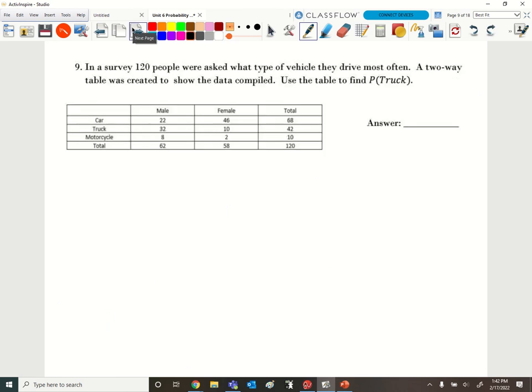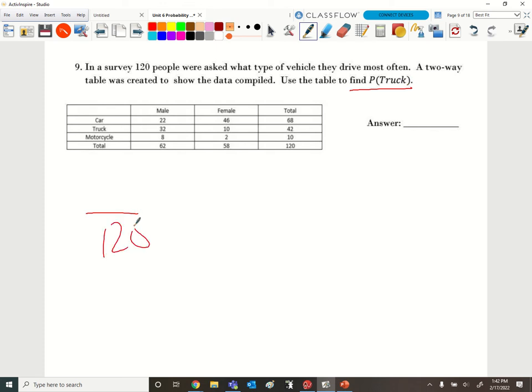All right. 120 people surveyed, asked type of vehicle they drive most often. A two-way table is created to show the data compiled. Probability of truck. P of truck. First, what's the total? 120.